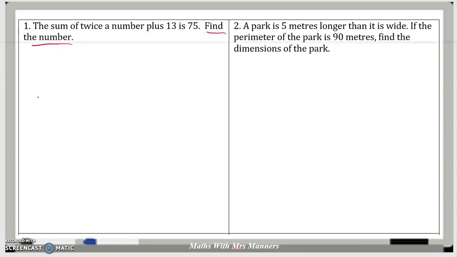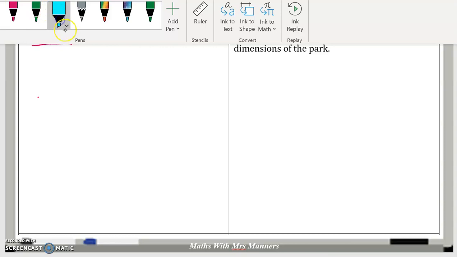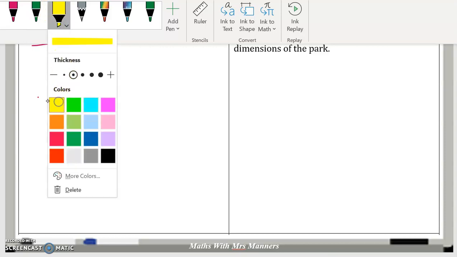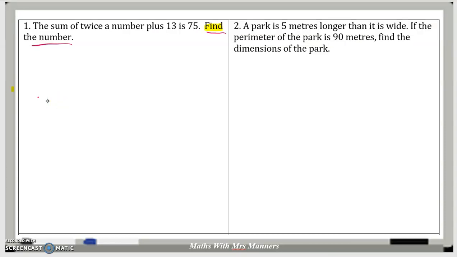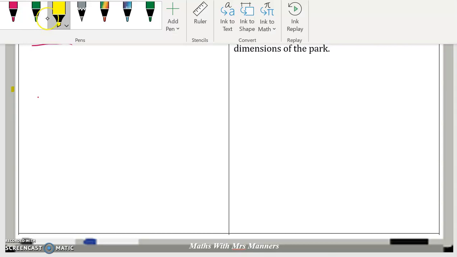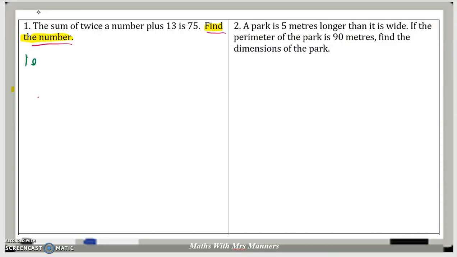So when I'm trying to work out what my let statement should be, I usually go straight to the question, and that'll help you. It says here, find the number, and straight away I know that my pronumeral must be that number. So I'm going to say, let the number be n. So that means my equation will contain a pronumeral called n.